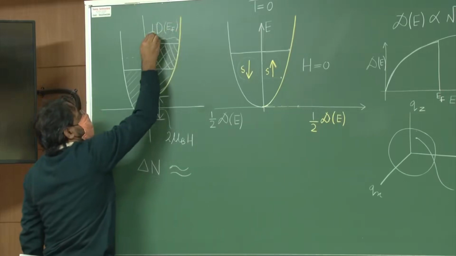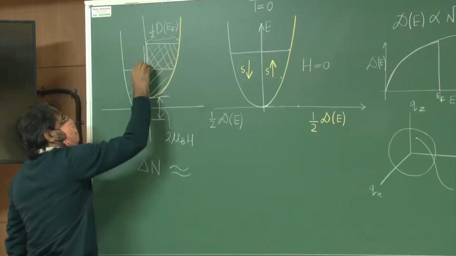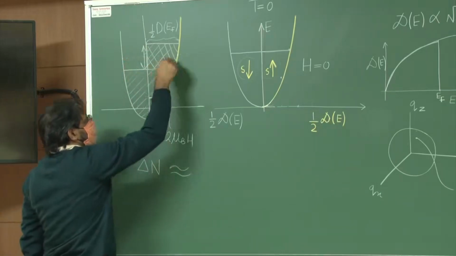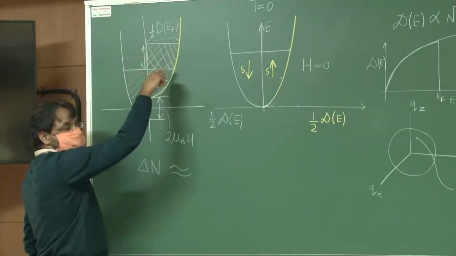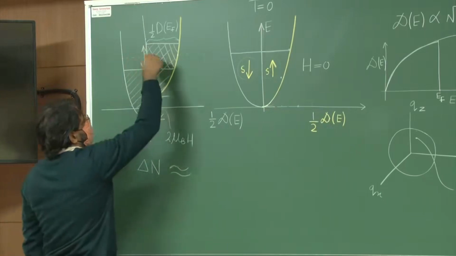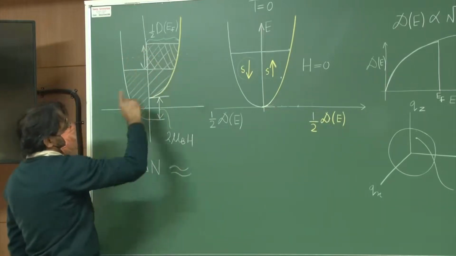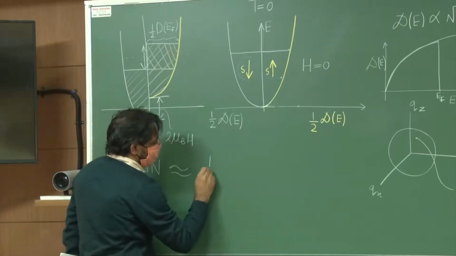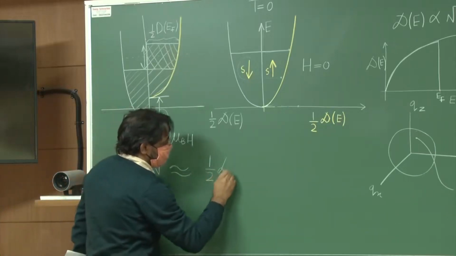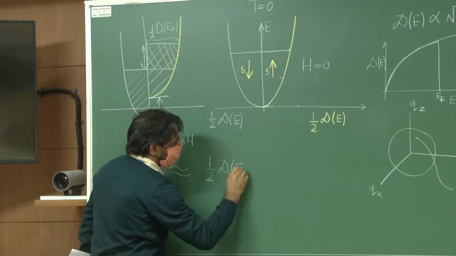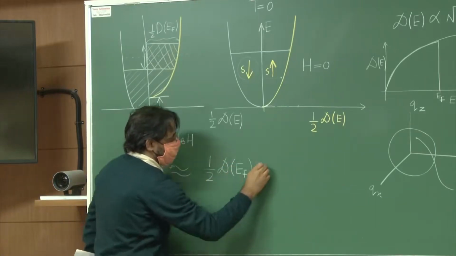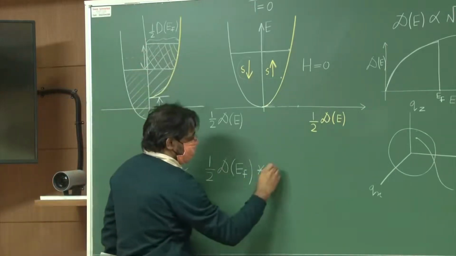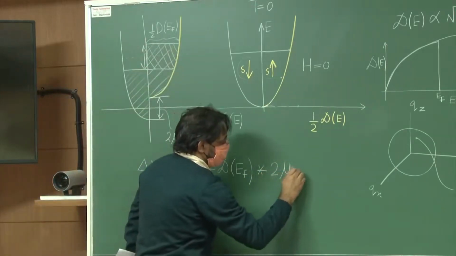Half D(E_F), right? And this is 2 mu_B H. So, therefore, the population imbalance between the up and down is just 1/2 D(E_F) times the width of this rectangle, which is 2 mu_B H.